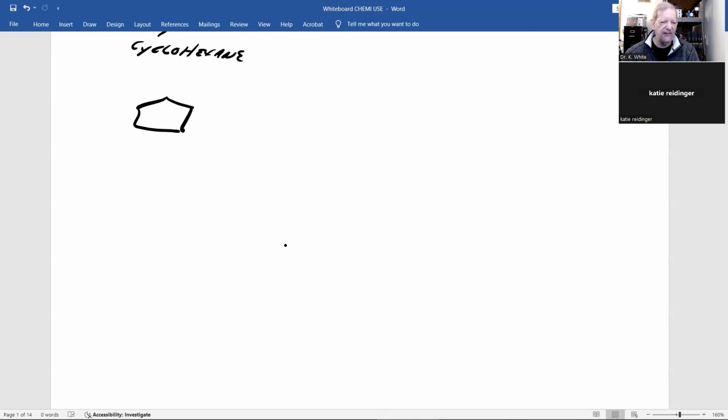This is called cyclopentane. How many carbons are in cyclopentane? I'm going to let you try one on your own first. Have some fun. Time's up. If you want, hit the pause button.